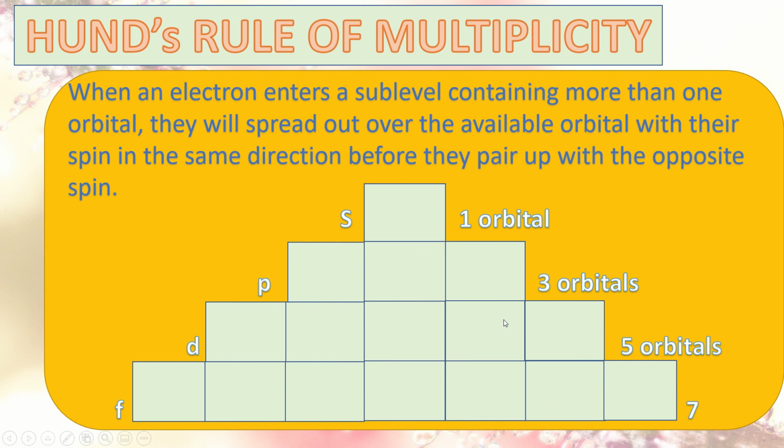So remember that there will always be one orbital for s, 3 orbitals for p, 5 orbitals for d, and 7 orbitals for f.